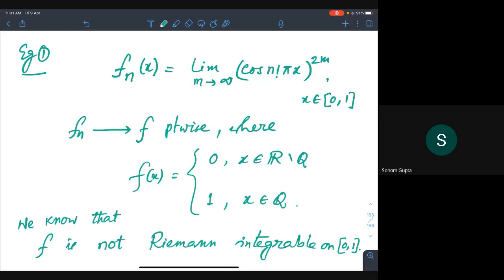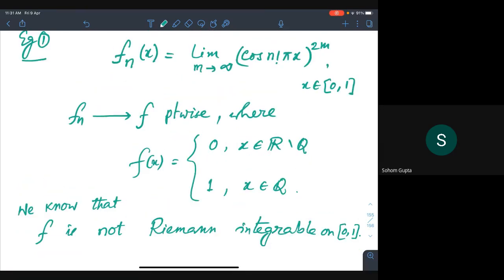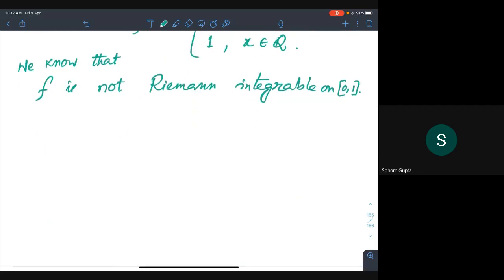If it is continuous, it is Riemann integrable, you know that. If not continuous, you need to look at the points of discontinuity and see how many points you have where discontinuities are there. So you see here, n! x becomes an integer only when there is a discontinuity.